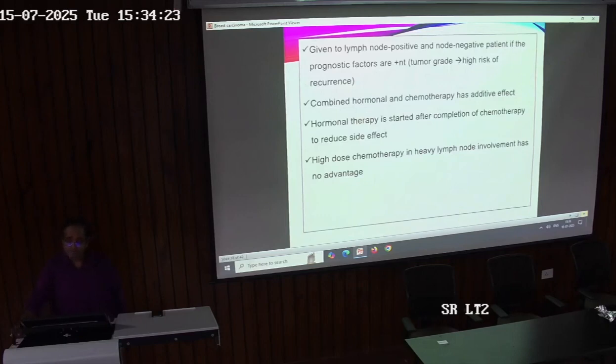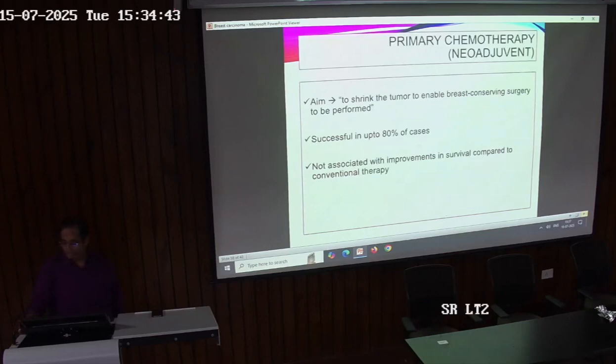It is given to lymph node positive and lymph node negative patients when prognostic factors are present: tumor grade, size, risk factors. Combined hormonal and chemotherapy has an additive effect. Hormonal therapy is started after completion of chemotherapy to reduce side effects. High dose chemotherapy in heavy lymph node involvement has no advantages. So in that case, you have to perform an axillary clearance anyway.